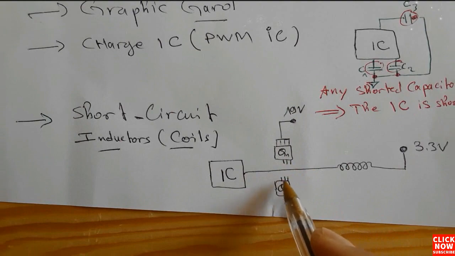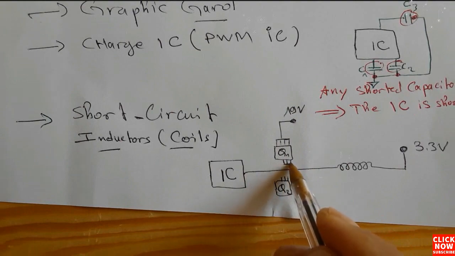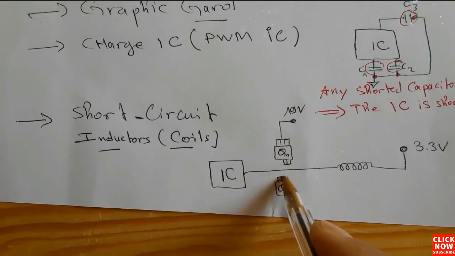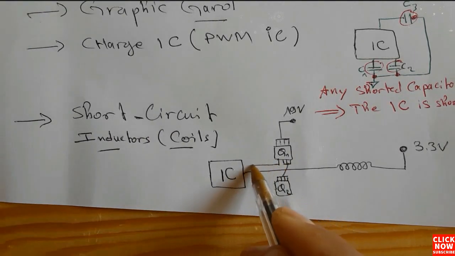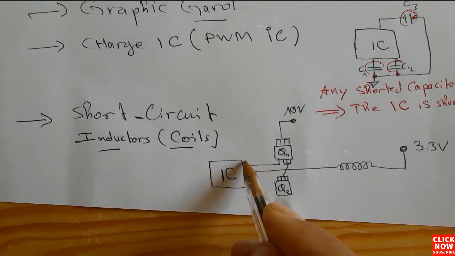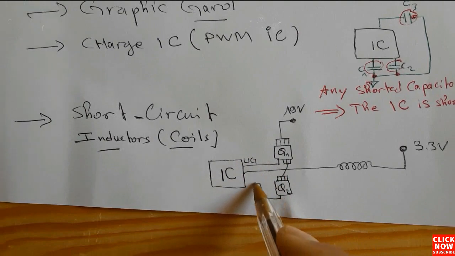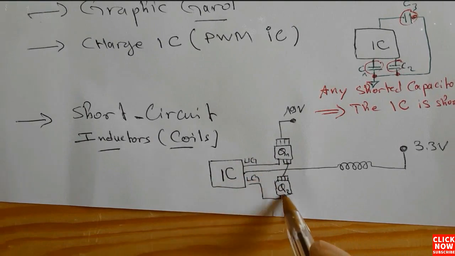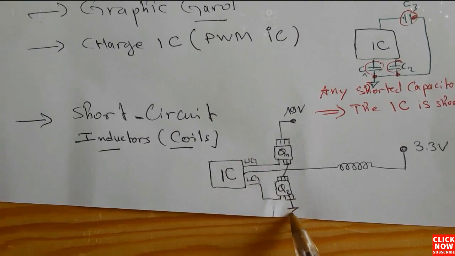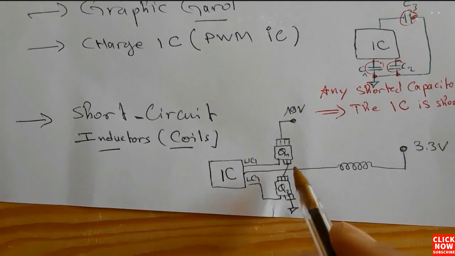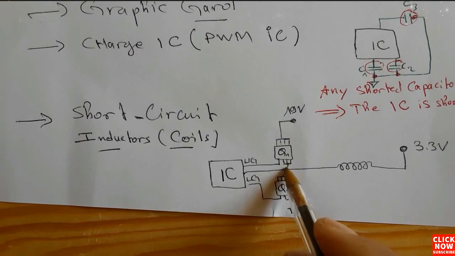And each source will be connected, for example, to the drain of the second MOSFET. Here we have the upper gate, the control signal from the IC for the first MOSFET, and here we have the control signal for the second MOSFET, or the lower gate, and the source of the second MOSFET Q2 is connected to the ground.